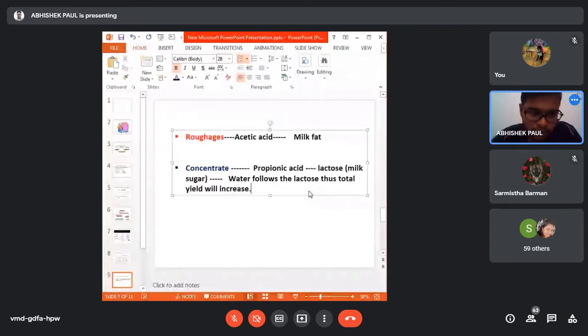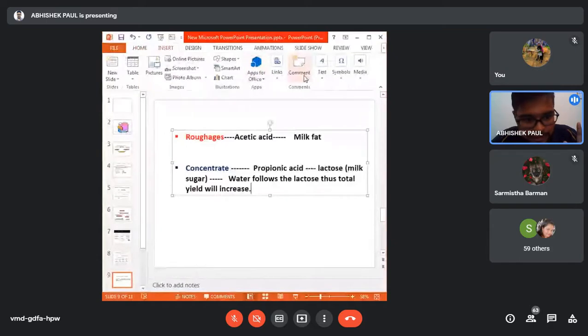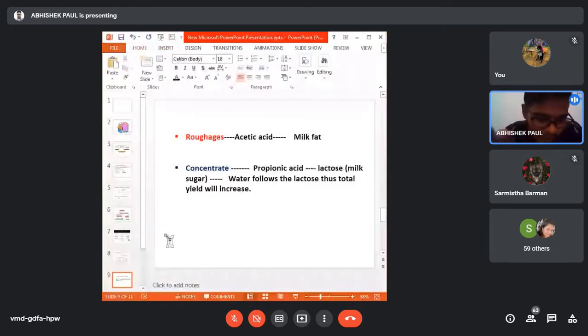Is it okay now? Why do you need to balance the diet with roughage as well as with concentrate? To get the final answer: balancing is required to get more amount of milk with high fat. This is the final answer, and try to correlate it. If it is not clear, you can ask me now, all of you.